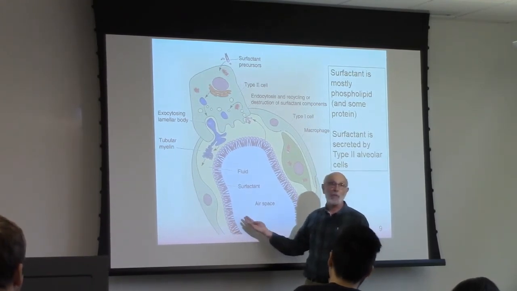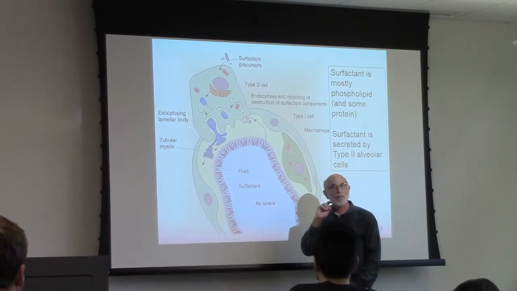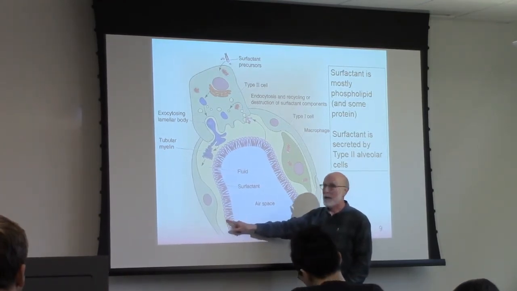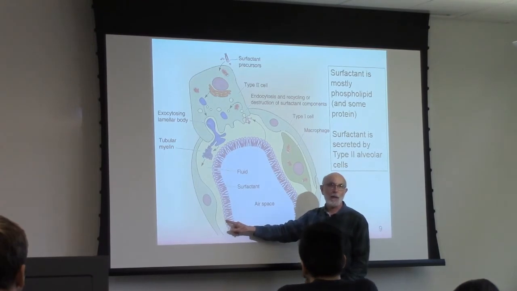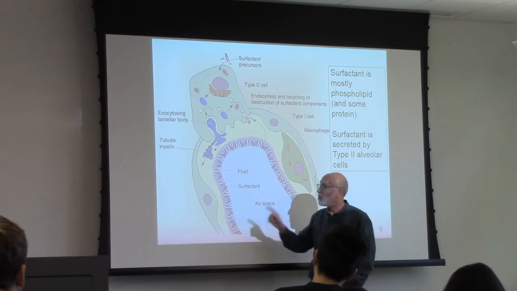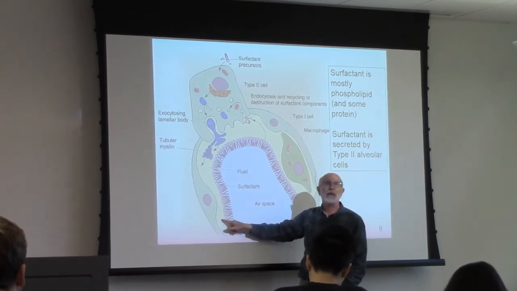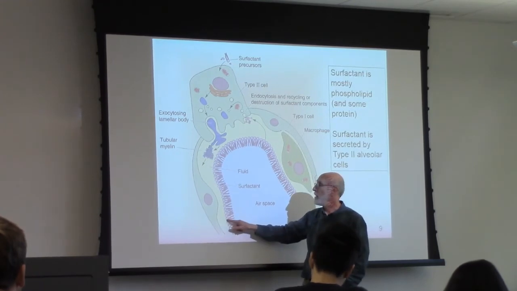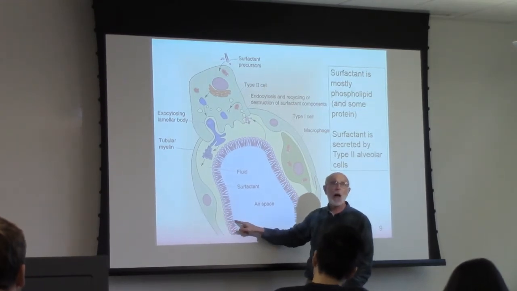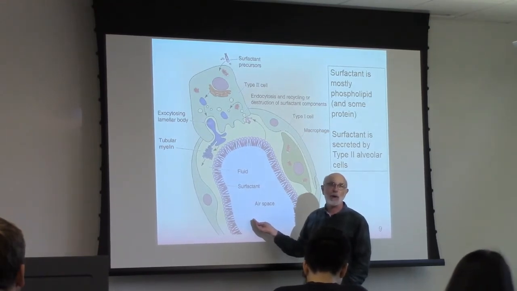Surfactant is a lipid-like molecule, so it's amphipathic. It's energetically favorable for its polar head to be in contact with that thin layer of water, and for its hydrophobic, non-polar tails to be in contact with gas, not water.